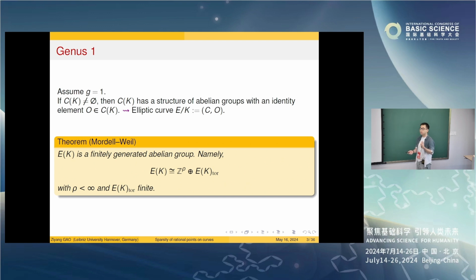But then the theorem of Mordell-Weil says that rho must be a finite number, and E(K)_tors is also a finite group, so E(K) is finitely generated. Both parts are finite. So in order to understand E(K), we have two parts to understand: the torsion-free part, so the number rho, and the torsion part.